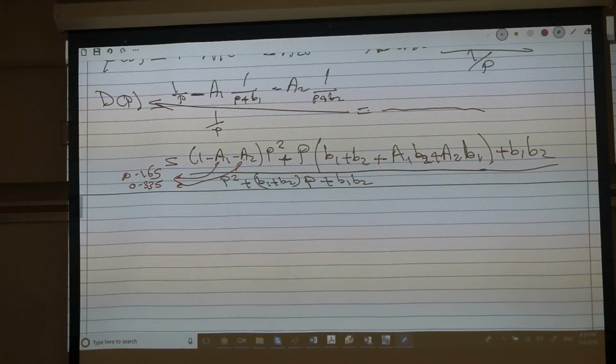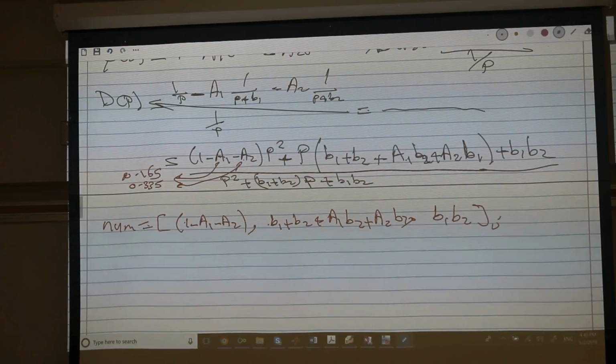We have a transfer function. So you can do it like this in MATLAB. Here is my numerator, the coefficients: 1 minus a1 minus a2, comma, b1 plus b2 plus a1 b2 plus a2 b1, comma, and the free term. So this is your numerator, and here is the denominator, the coefficients of the denominator: 1, b1 plus b2, and b1 times b2.